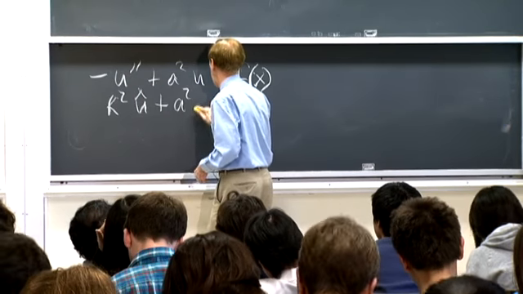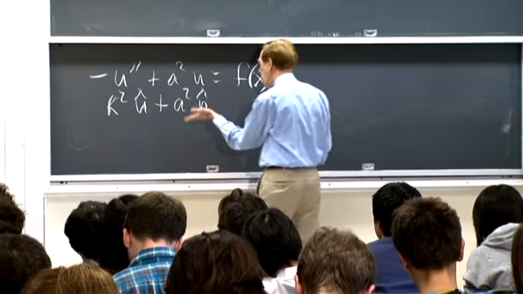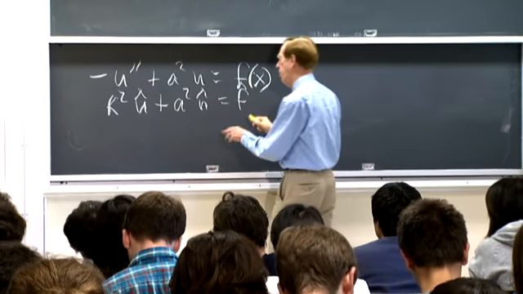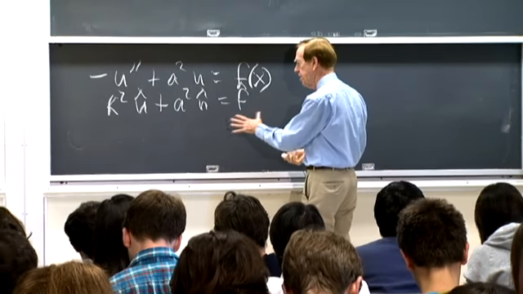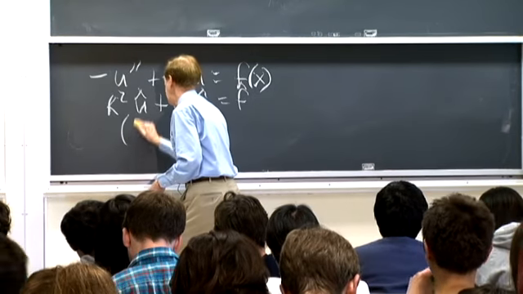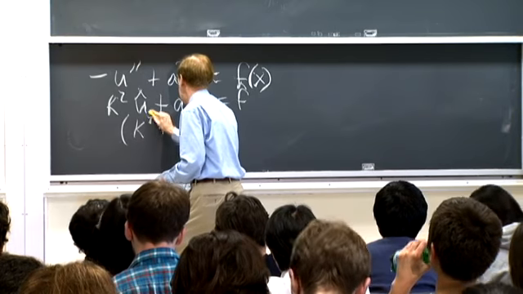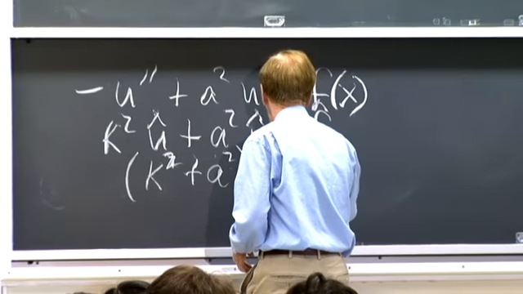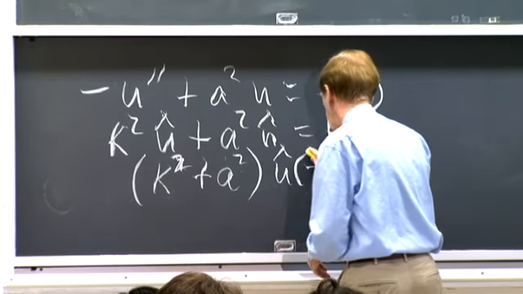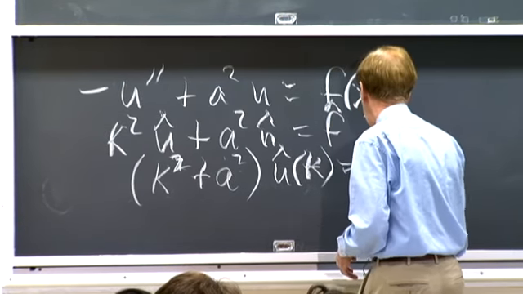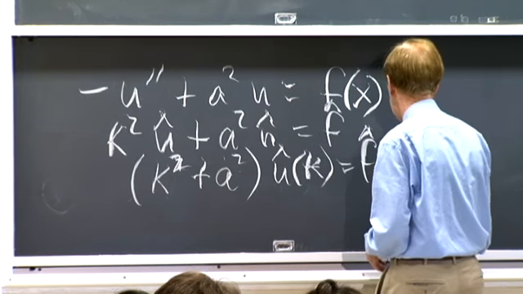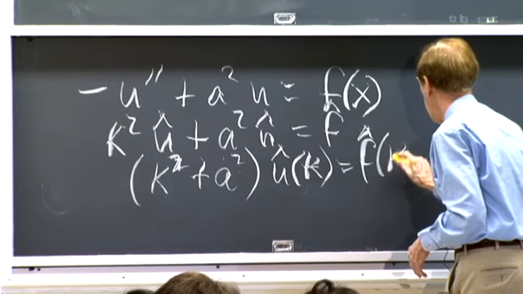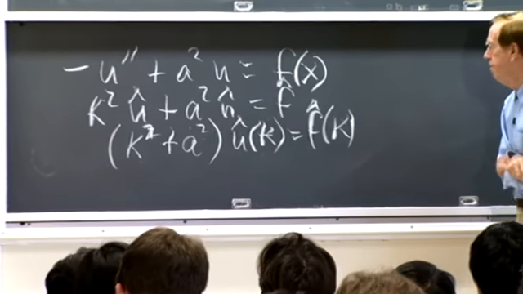This is the transform of ordinary a squared u, just a squared, and this is f hat. So we've got into frequency space where we're just seeing a multiplication, k squared plus a squared times u hat of k equals f hat of k, right.